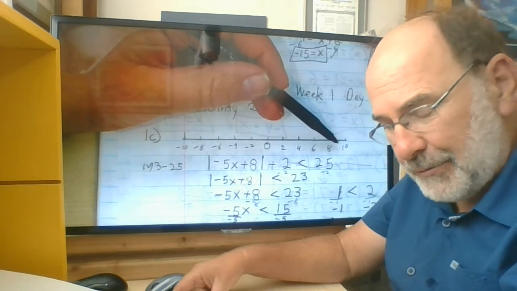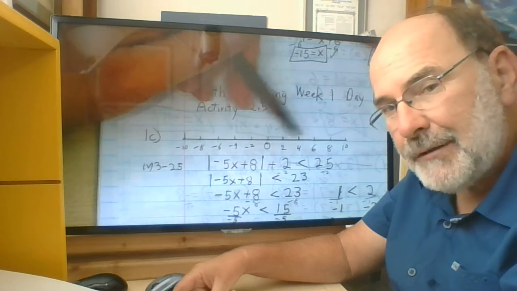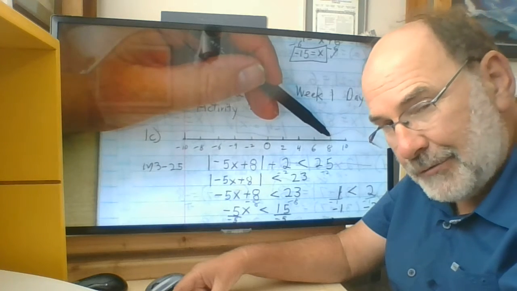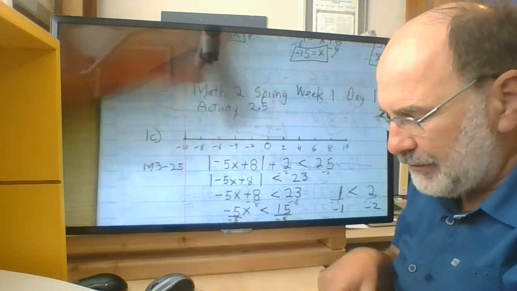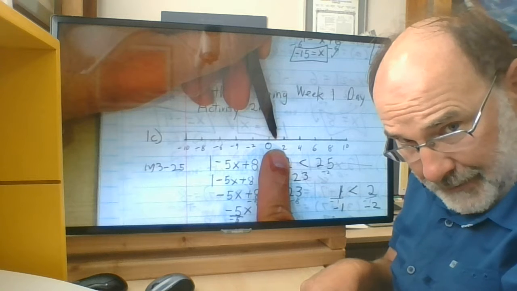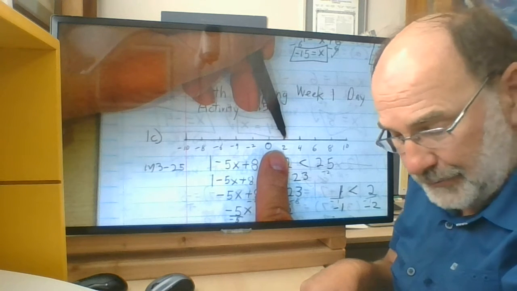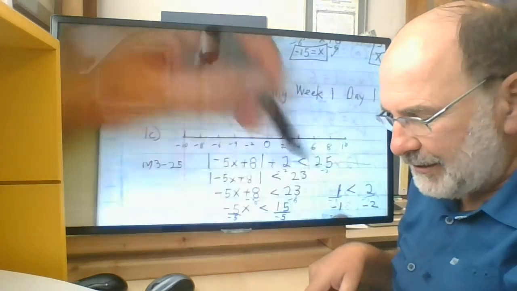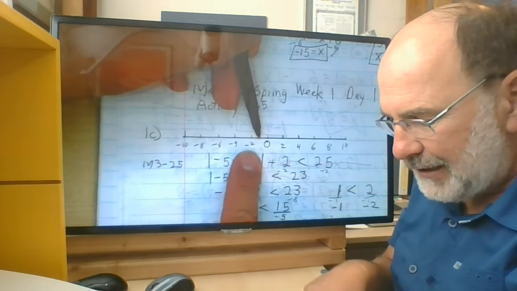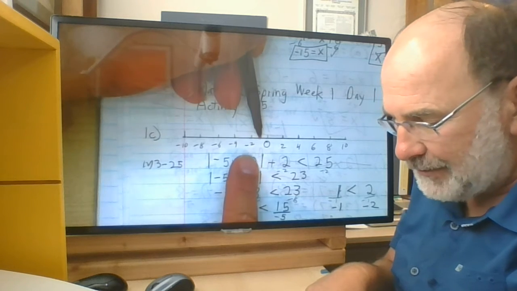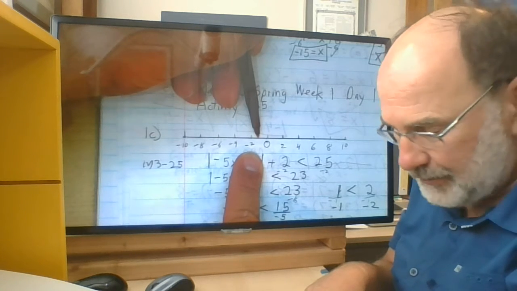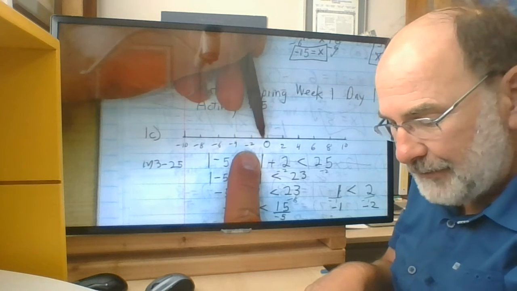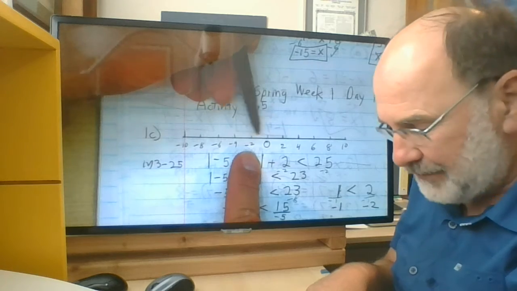Every number that's to the right of some other number is greater than the number to its left. The numbers to the right are always greater than the numbers to the left. So if I plotted 1 and then looked at 2, I see 2 is to the right of 1, 2 is greater than 1. When I look at -1 and -2, so my pen's at -1, my finger's at -2, -1 is to the right of -2. -1 is greater than -2.